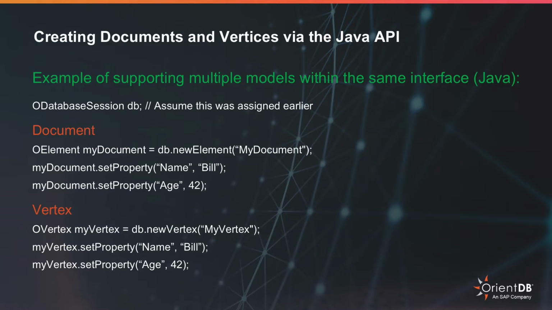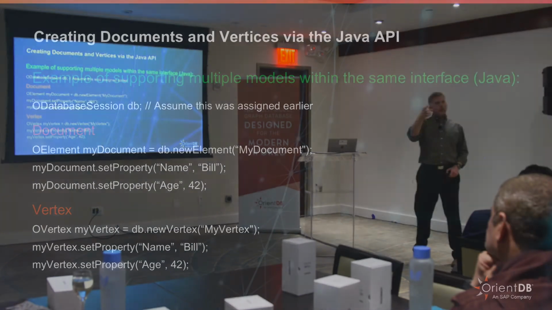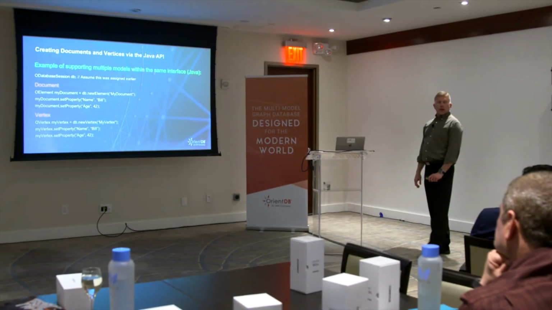We support all kinds of ways of accessing the data, but in the same way. So, two different examples. This is using the Java API or the SQL example. Any questions? So these two are basically interchangeable.